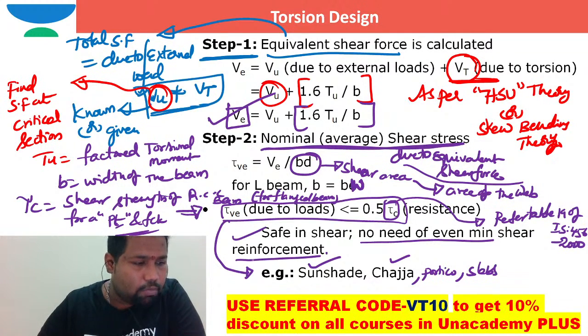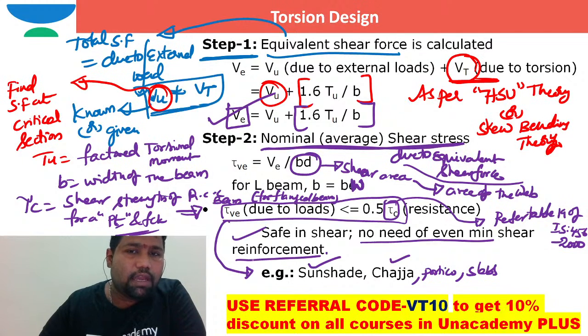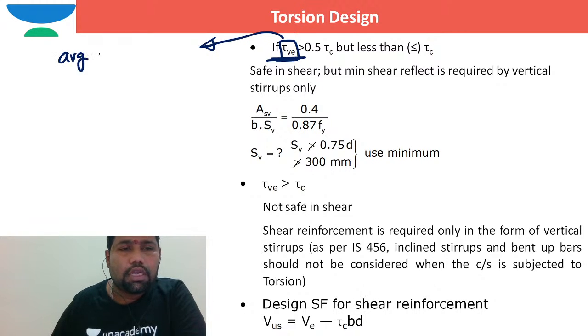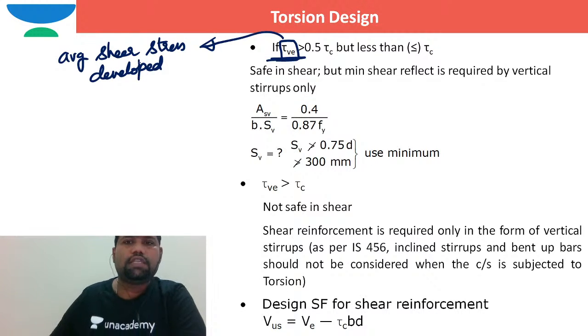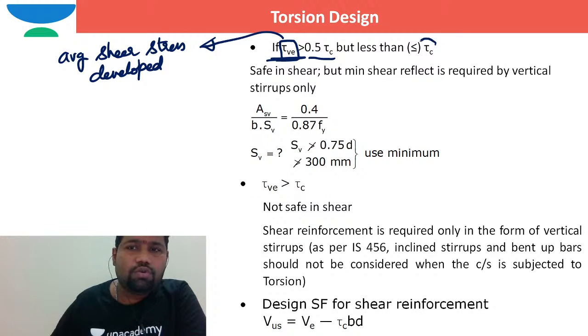Now some people, especially Saket Kumar, will ask, sir, let us suppose the developing nominal or average shearing stress is more than 50 percent of the shear strength of the RCC beam, but less than or equal to the shear strength of the RCC beam.